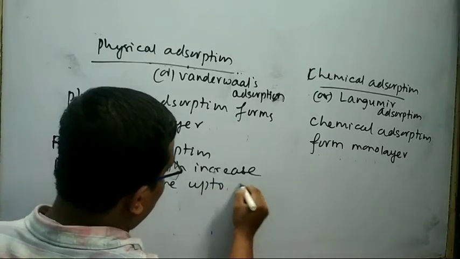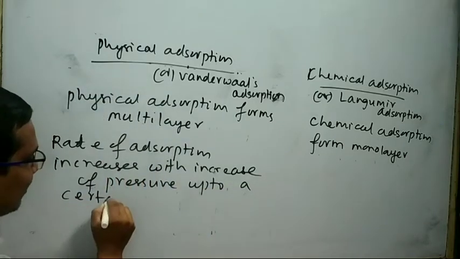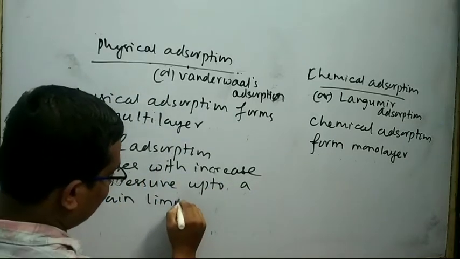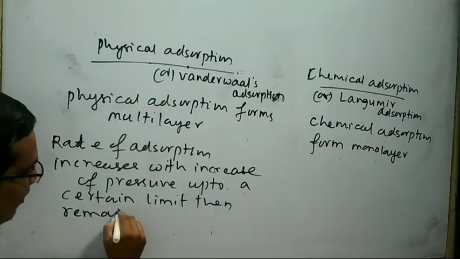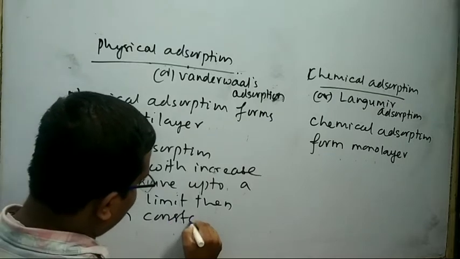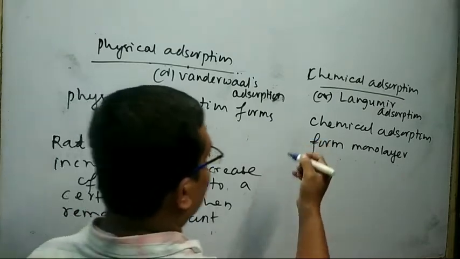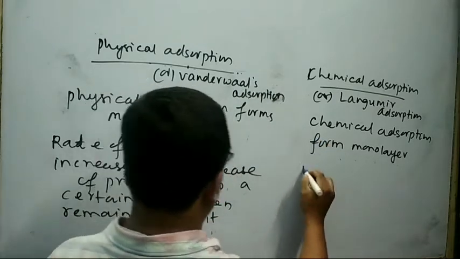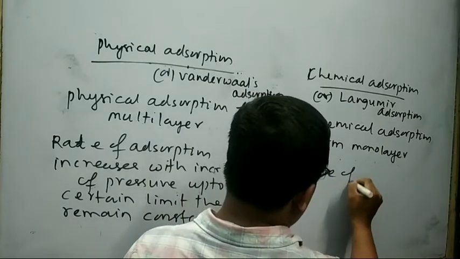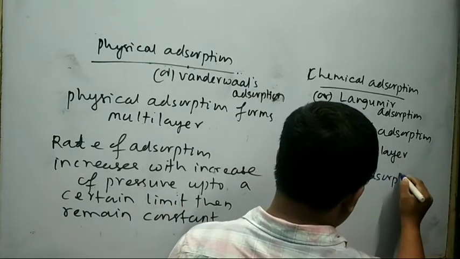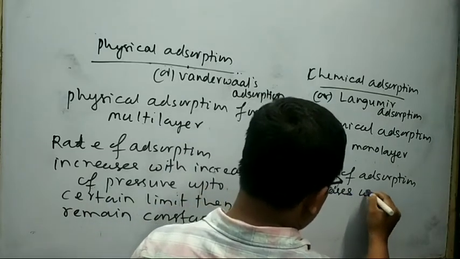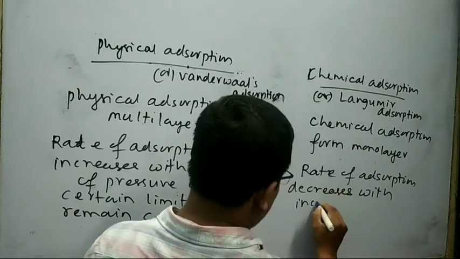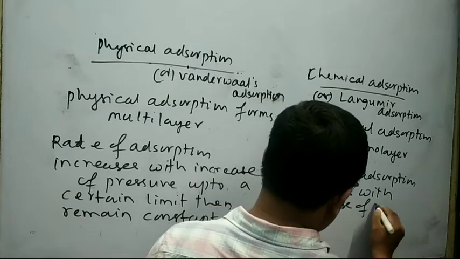up to a certain limit, then remains constant. On the other hand, in chemical adsorption, the rate of adsorption decreases with the increase of pressure.